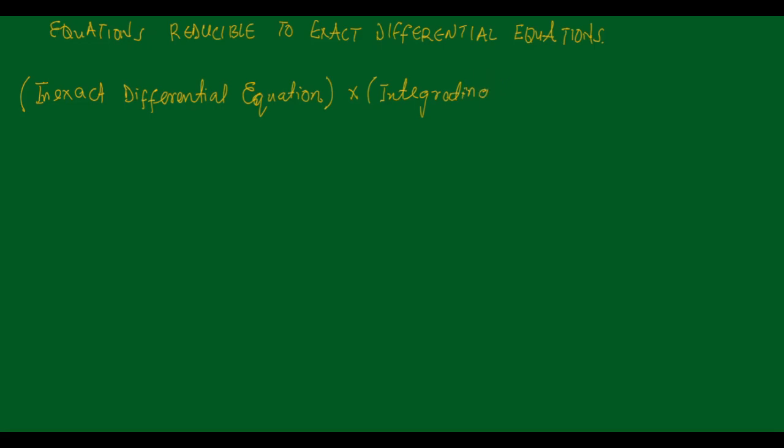So this is one thing we need to remember because this is going to be very key in our derivations under equations reducible to exact differential equation. By multiplying the inexact differential equation by an integrating factor, you're going to have an exact differential equation.